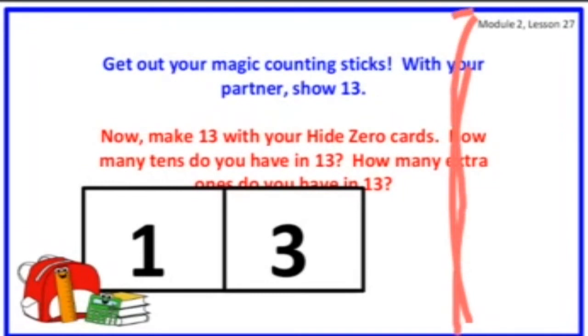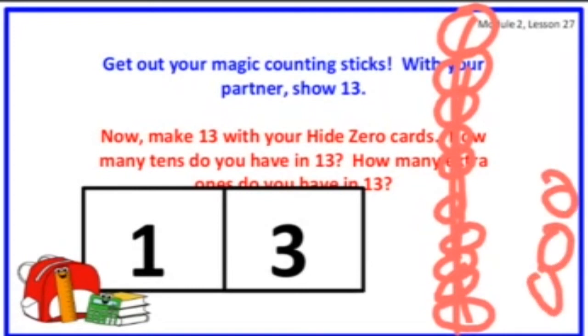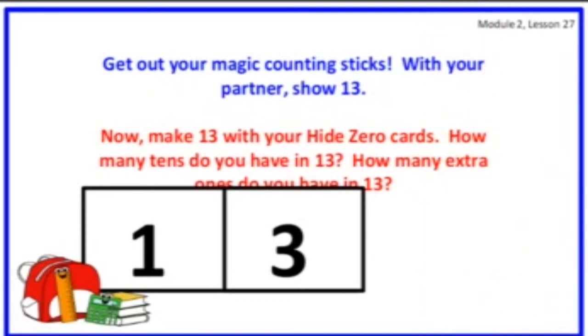Well, let's draw the circles. 1, 2, 3, 4, 5, 6, 7, 8, 9, and 10. And how many ones? 1, 2, 3. Just 3 ones. So how many tens and how many ones? 1 ten, 3 ones. Clap for yourself.